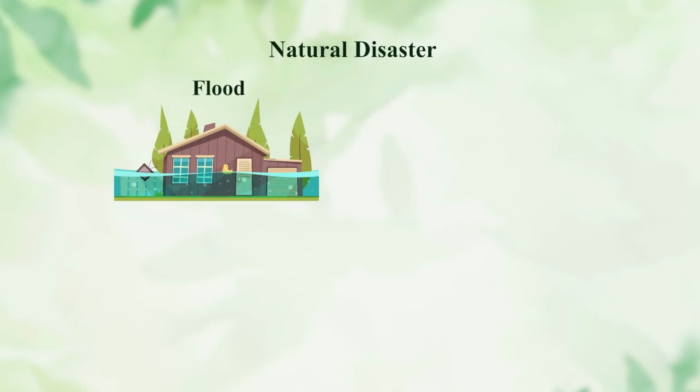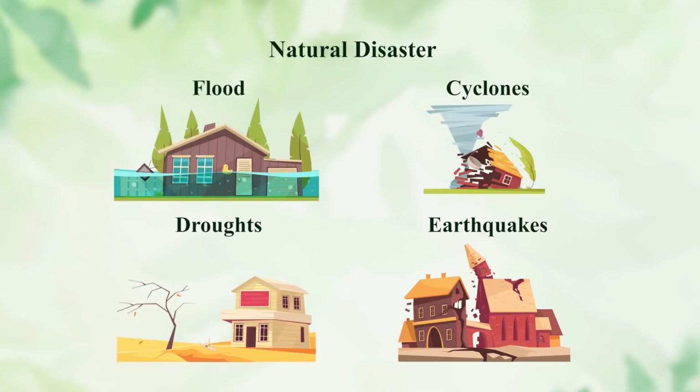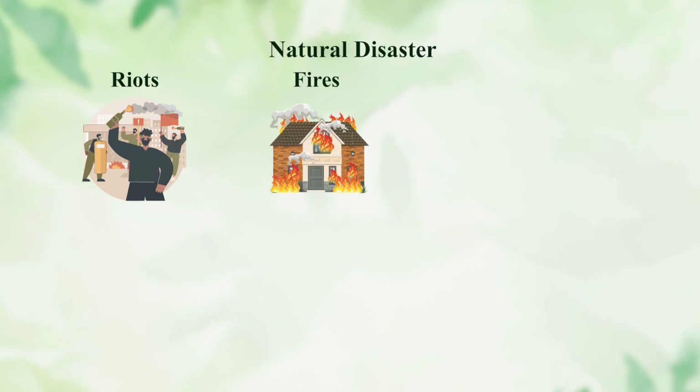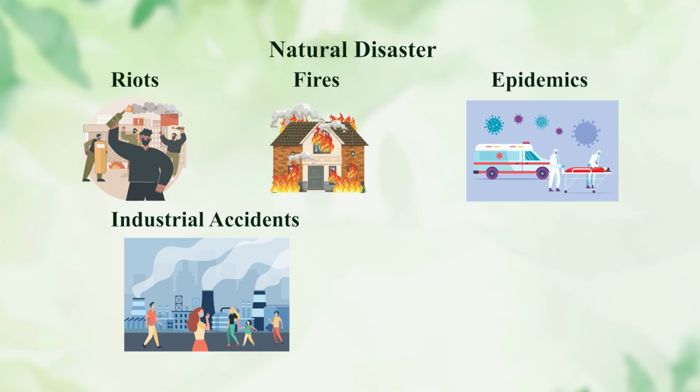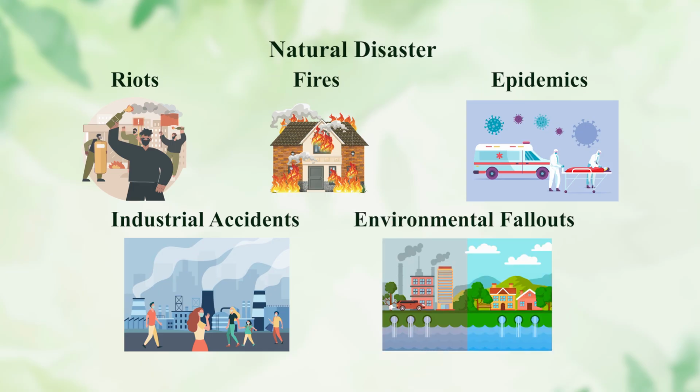A disaster can be a combination of hazard, vulnerability and insufficient capacity of individuals or a community to minimize the potential probability of a risk. It can either be natural, that is, floods, cyclones, droughts, earthquakes, etc., or man-made, such as riots, fire, conflicts, epidemics, and industrial accidents, environmental fallouts, etc.